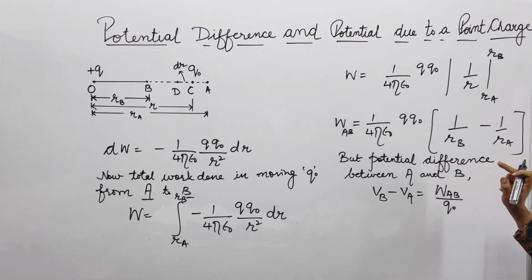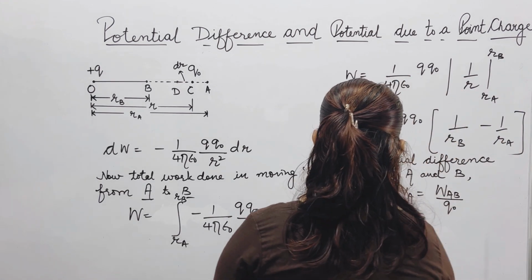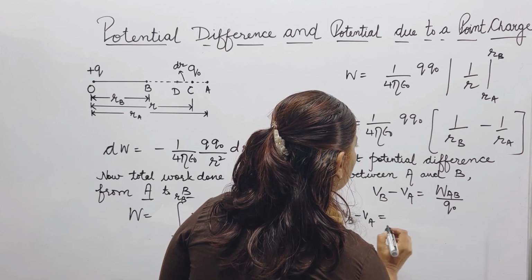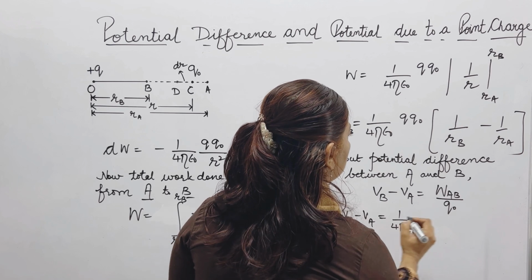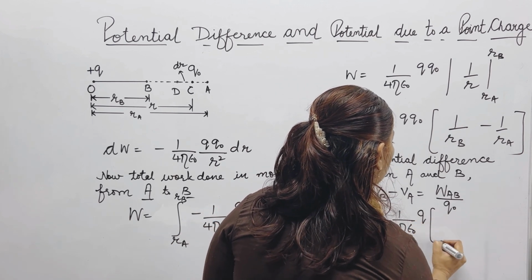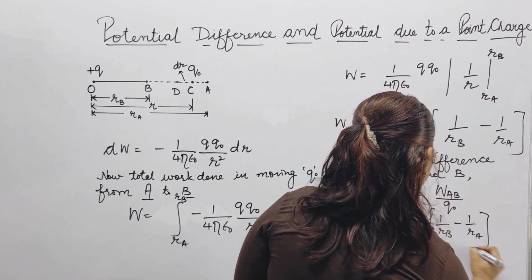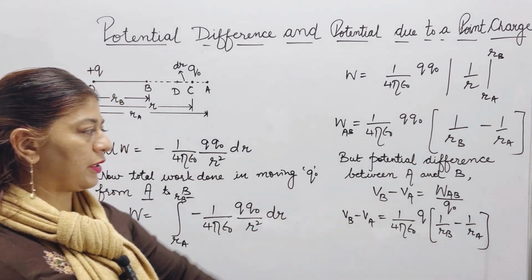Now putting the value of work done from A to B from the above equation, we have VB minus VA is equal to Q by 4 pi epsilon naught times 1 upon RB minus 1 upon RA. So this is the equation that we have found out for the potential difference.